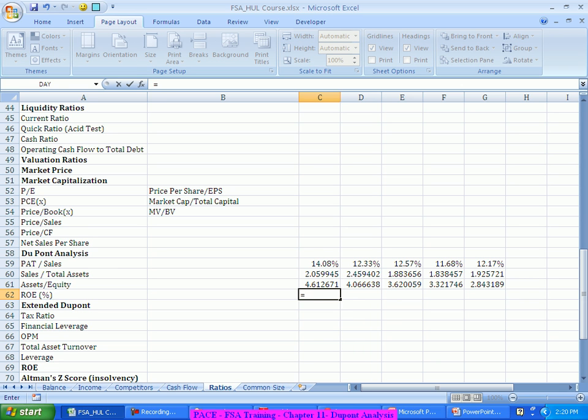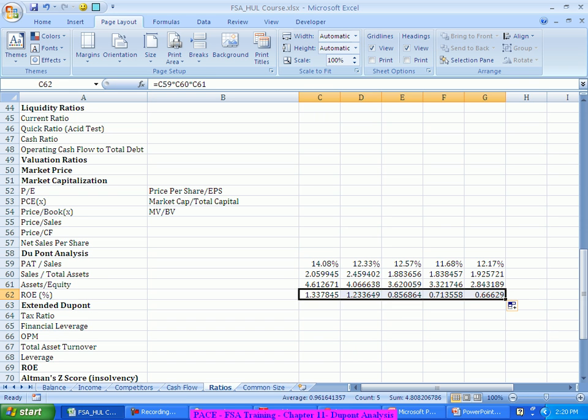ROE is nothing but the multiplication of these three. Here the ROE was 1.33, but now it has come to 0.66. The culprit is that all three areas have decreased, so your ROE has also decreased.